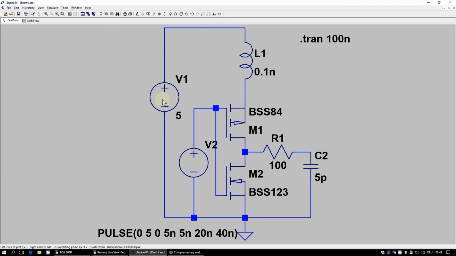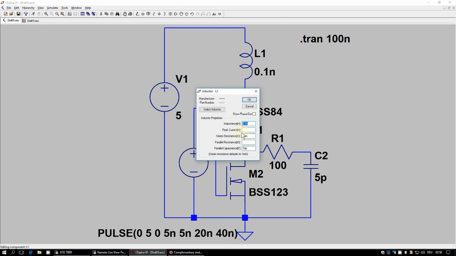And we have our 5 volt supply, and I've already added the PCB trace inductance from our ideal voltage source, which would be a regulated 5 volt power supply, say a 7805 or whatever. But first of all, let's set the inductance so low that it is nearly negligible, 0.1 nanohenries, or 100 picohenries. But I've already put in the series resistance.